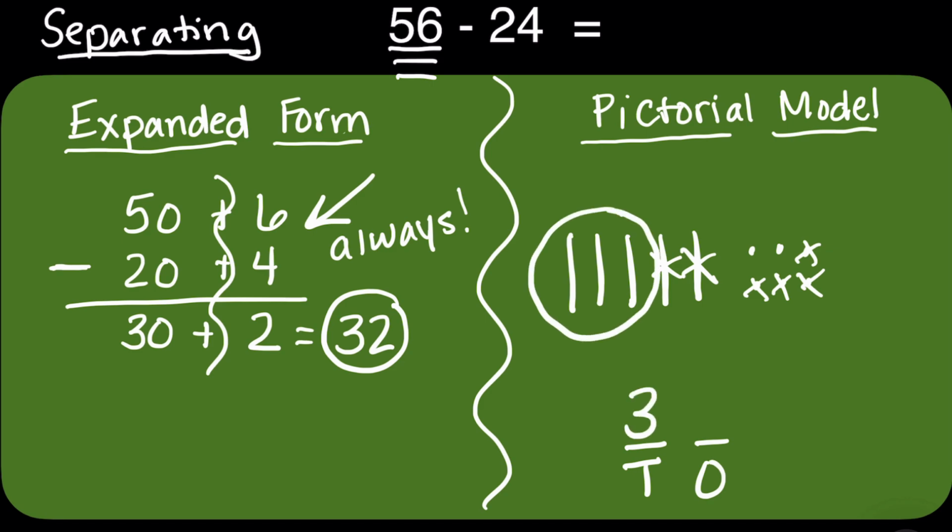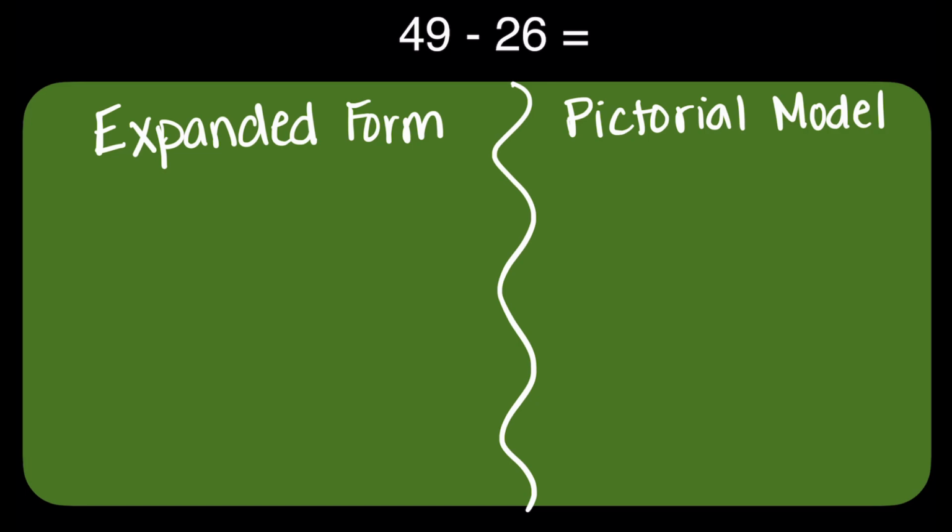The tens place, I should have 3 tens, 30. How many ones do I have left? I have 2 left. Yay! We got 32 twice. We double checked our answer. That's awesome. Okay, now you're going to do one on your own where I give you some work time and you see if you can do it without my help.